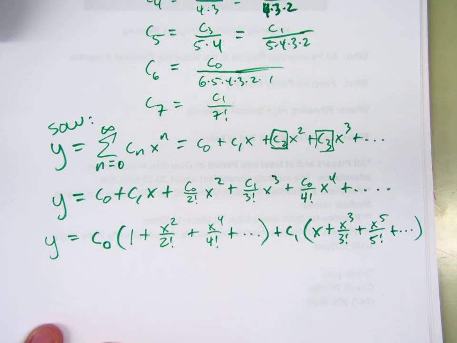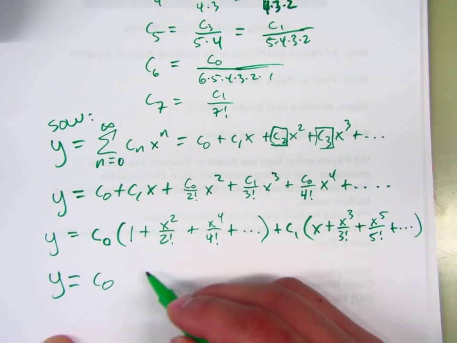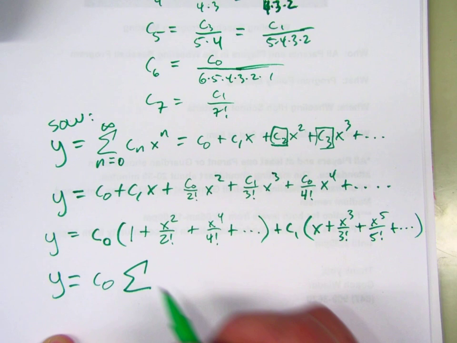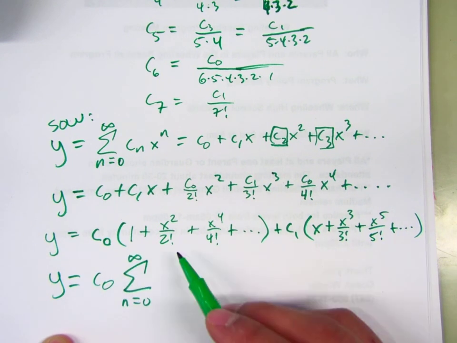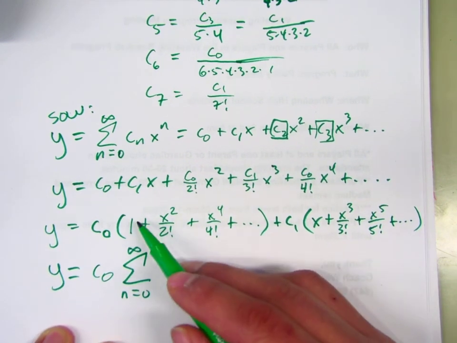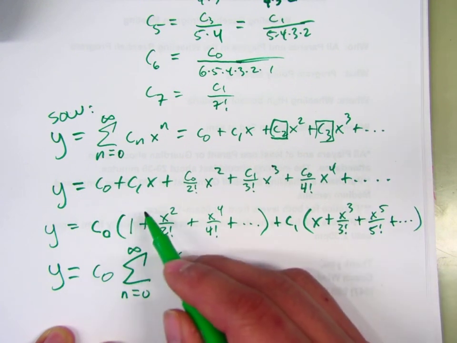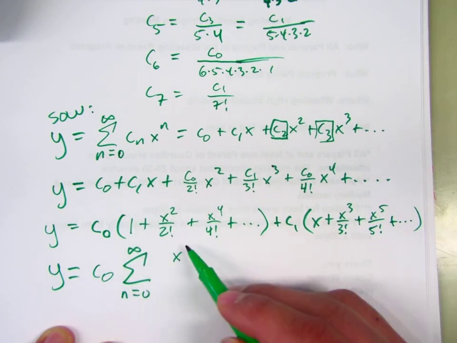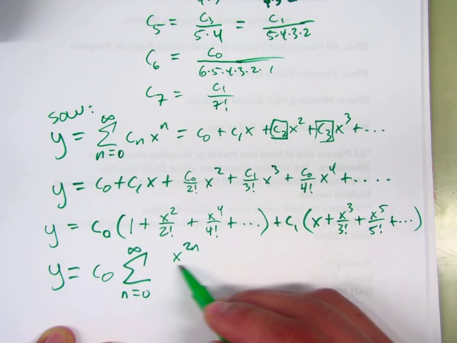If we wanted to go one step further, we could actually write this in series format. This is just the sum from n equals 0 to infinity. And the rule here would be x, and then these are all just 0, 2, 4. So what's the exponent here? 2n.